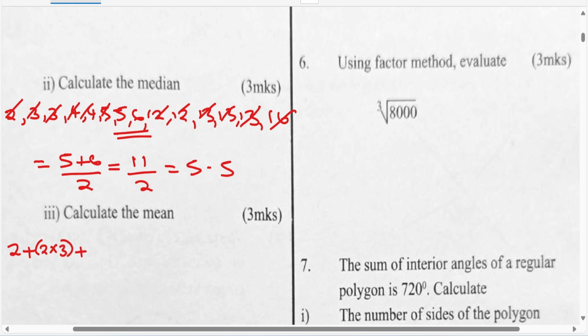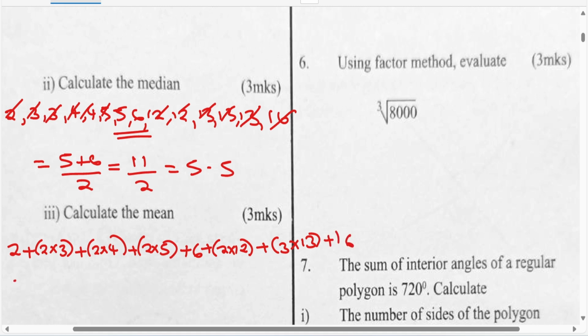We have 2 4s, 2 times 4. We have 2 5s, 2 times 5. We have 1 6. We have 2 12s. So we have 3 13s. And we have 1 16.